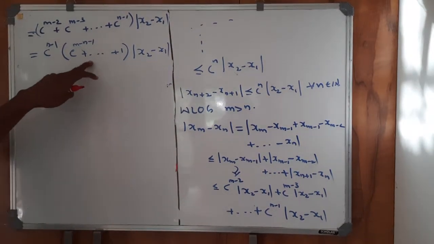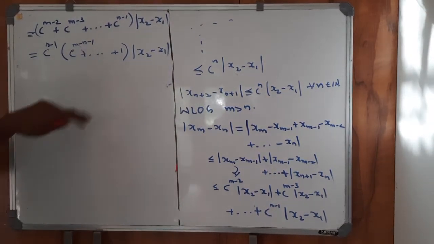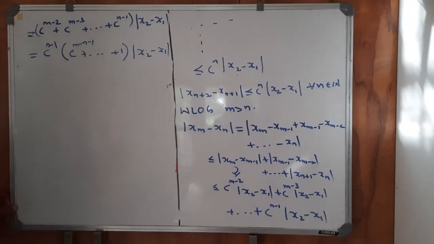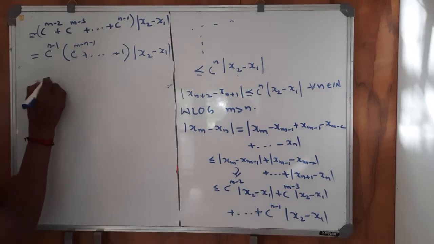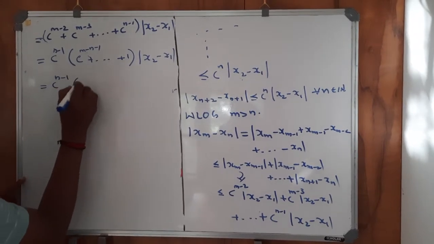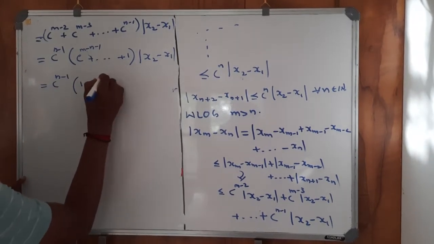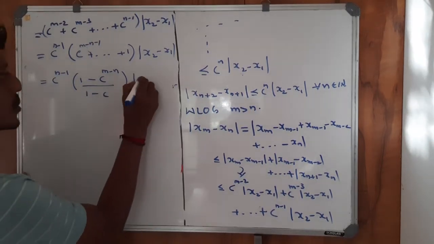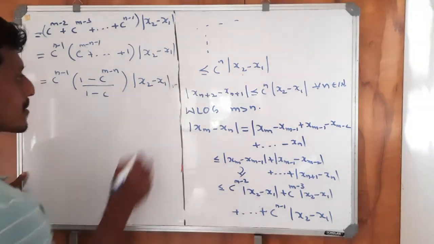Observe that this is m minus n terms of a geometric series with the first term 1 and common ratio c. So this is equal to c raised to n minus 1 into 1 minus c raised to m minus n divided by 1 minus c into modulus of x2 minus x1.